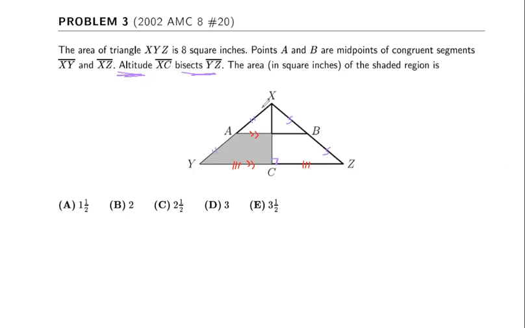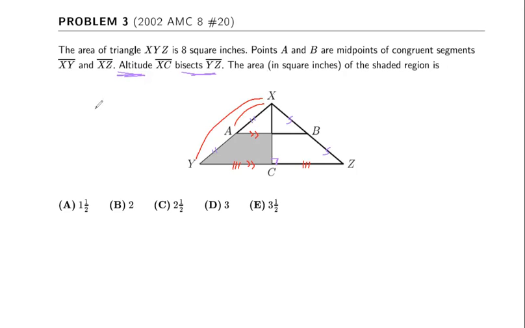If this is parallel, that also means the smaller triangle and the larger triangle are similar, or XAB and XYZ are similar. So why is this important? Because if you look at this side ratio, this is 1 unit, and then this is 2 units, right? Because that was halfway through.